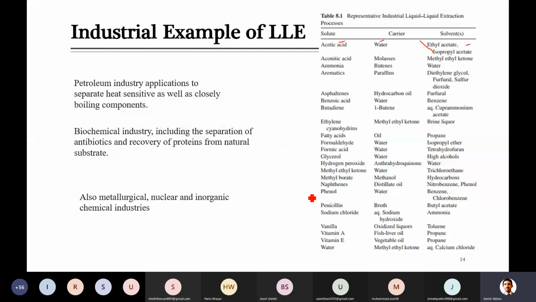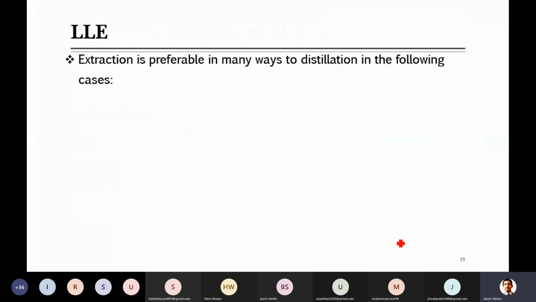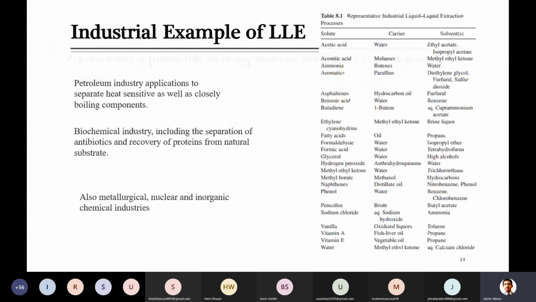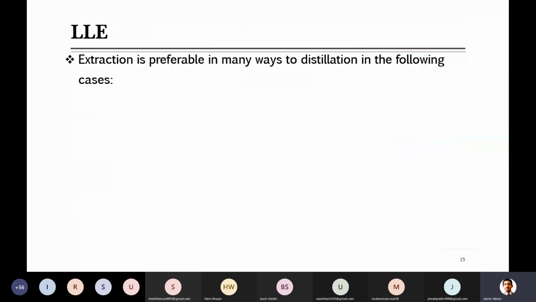So you need some specific solvents here, which are also organic, to remove components which can be an antibiotic, when you go for extraction as compared to the distillation.